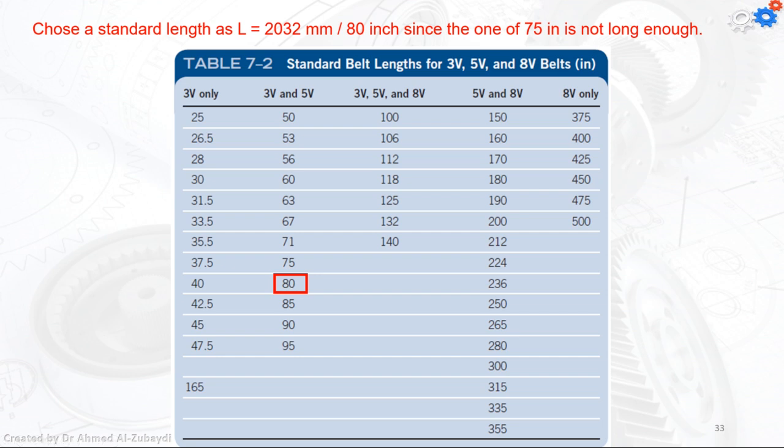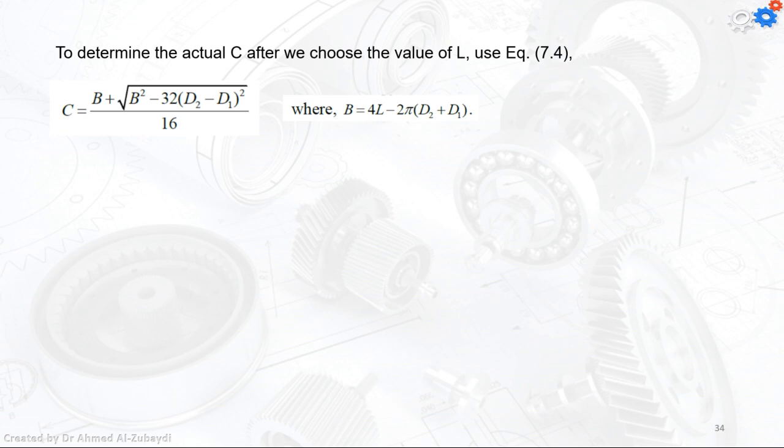Now we are going to go back using this one to calculate the value for the actual C, rather than the one that we estimated at 600. So we need to find C, we need to find B first. Now L is 80 inches, or we can change it to millimeters. We know D2 and D1, and we can start to do the calculation.